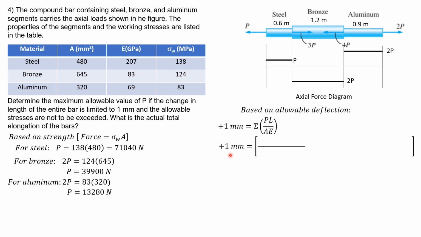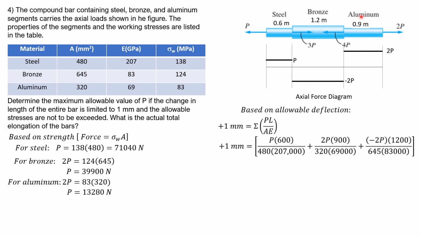To make the unit mm, we begin with steel. P, length is 600 mm or 0.6 meter. Let's change that to 600 mm. Then the area is 480 mm², and the modulus of elasticity 207 gigapascals is converted to 207,000 megapascals.